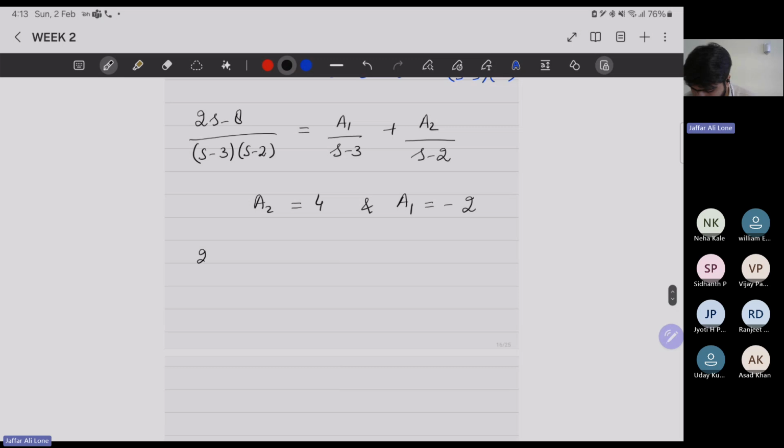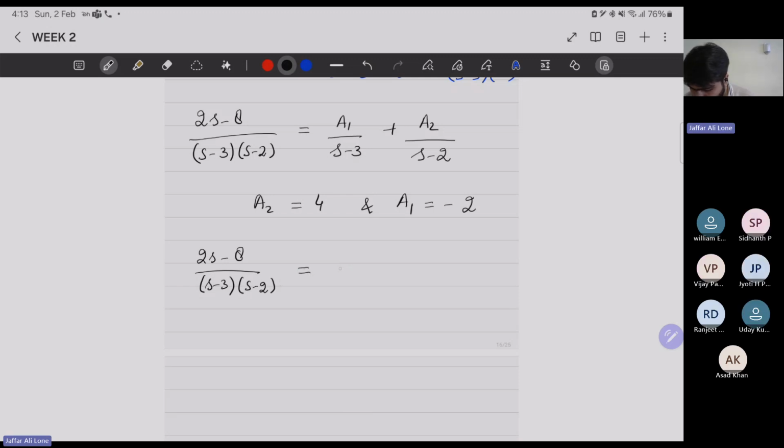Therefore, (2s minus 8) over (s minus 3)(s minus 2) is equal to minus 2 over (s minus 3) plus 4 over (s minus 2).